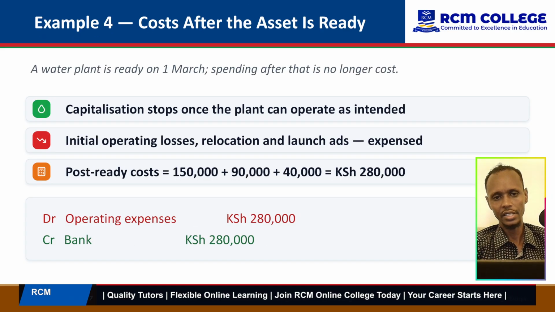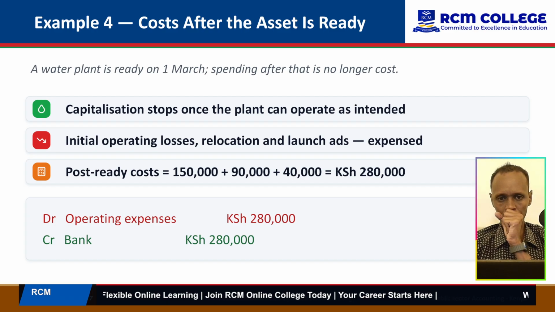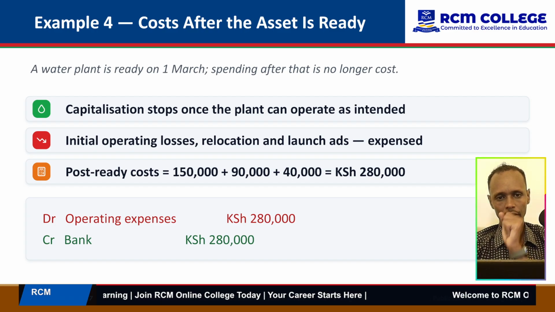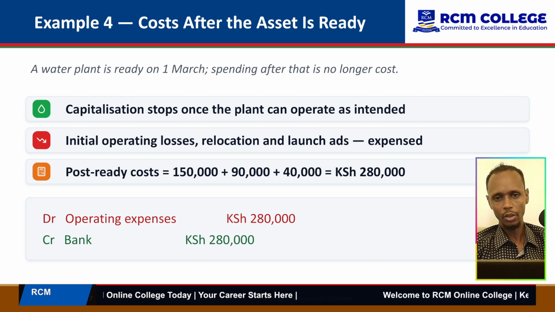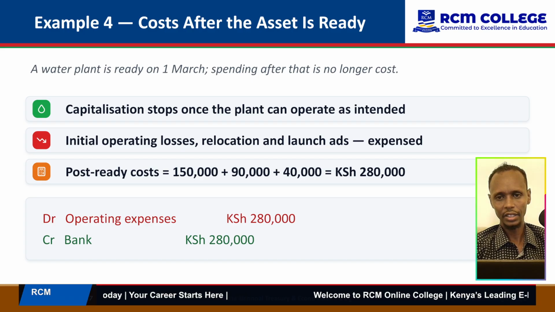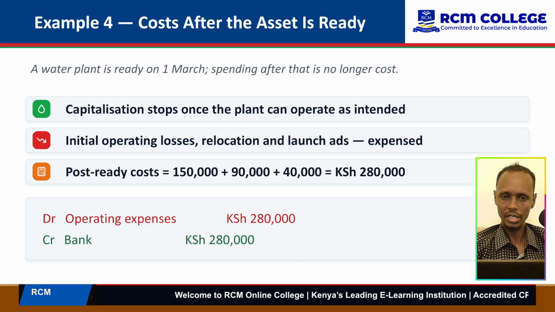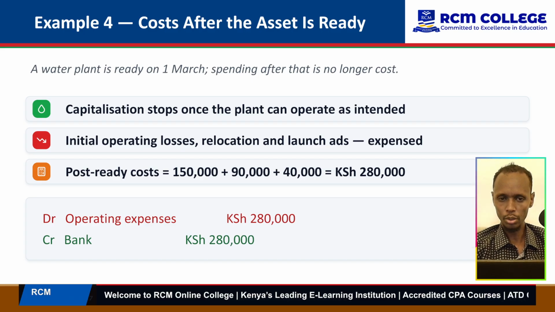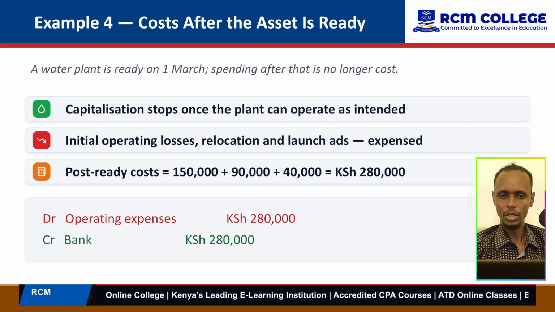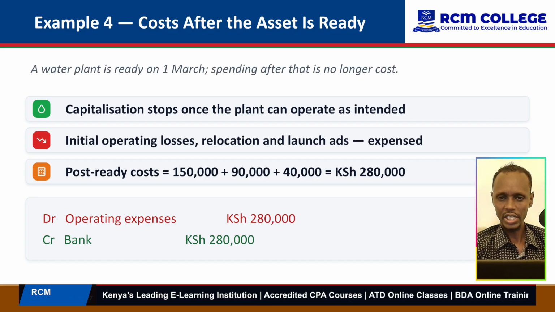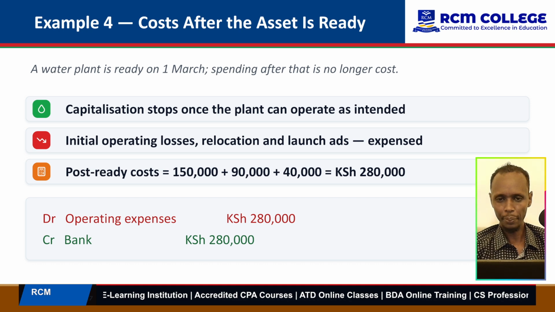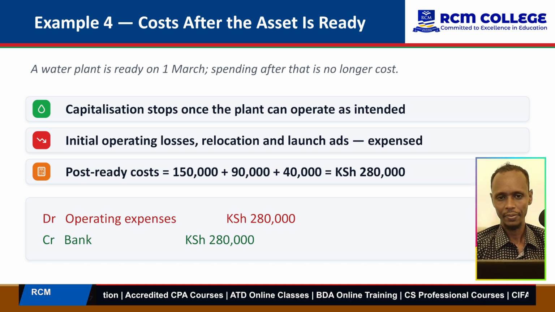Cost after the asset is ready. A water plant is ready on 1st March. Spending after that is no longer a cost. If the asset can be used, capitalization stops once that asset can operate as intended. Other things like initial losses and relocation are also excluded.